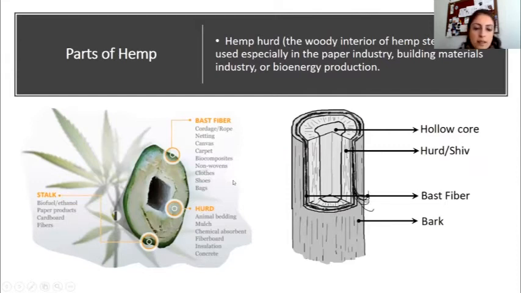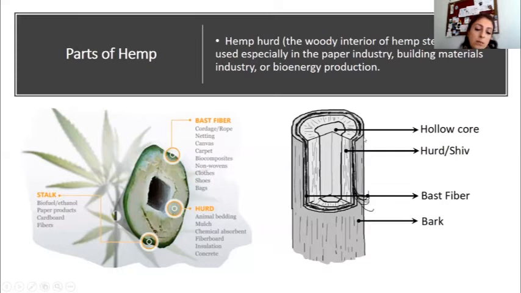To understand the structure of hemp, we can look at this cross-section and understand it in more detail. The outside of the hemp is called bark, and the inside part is called stalk. Stalk consists of two parts: one is bast fiber and the other one is hurd. You can see here.